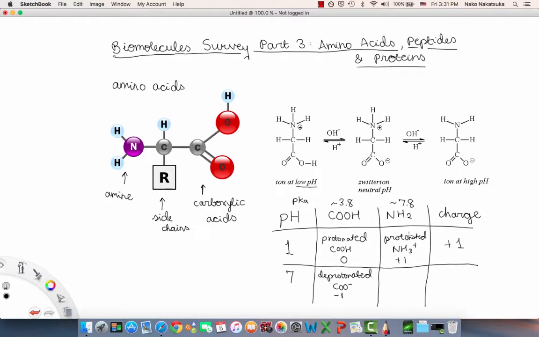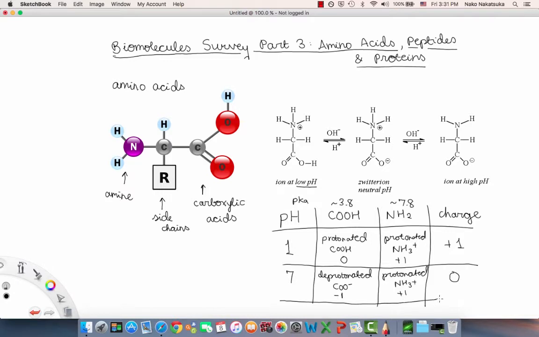For the amine group, it's still going to be protonated, since a pH of 7 is still lower than its pKa value, and thus it's going to stay as NH3+. So at this point, we actually have an overall charge of 0. This zwitterion has both a positive and a negative charge that ends up canceling out.